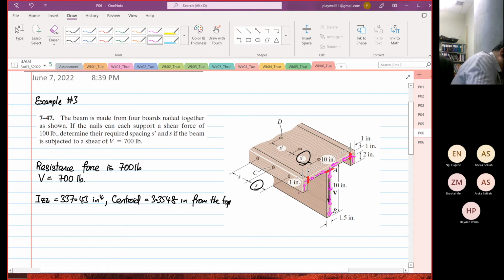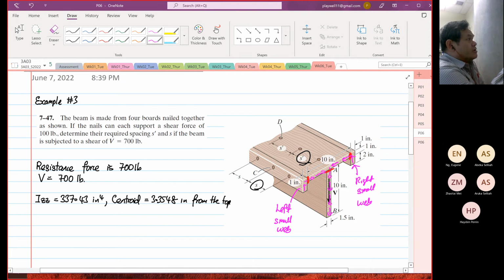But if you look at the left small web, and then if you look at the right small web, they are not linked together, right? So that's where it is now considered in thin wall analysis.